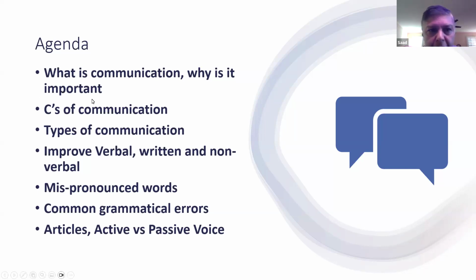So first and foremost, what is communication and why is it important? Second, we will talk about the various C's, as they call them, in communication. What are the various types of communication and how do you improve those? What do you do to improve that communication?